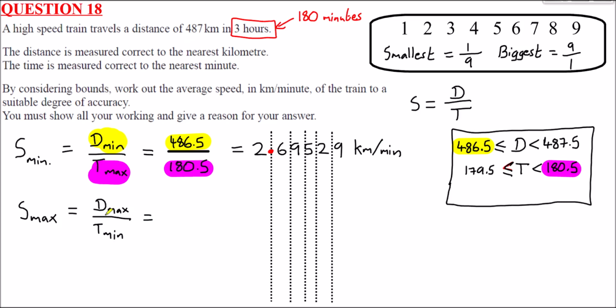So, maximum distance is 487.5, whereas the minimum time is 179.5. So all we need to do next is just work this out on a calculator, see what we get, and give it to 5 decimal places.